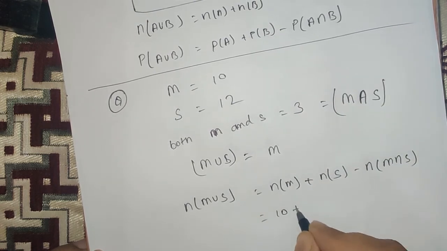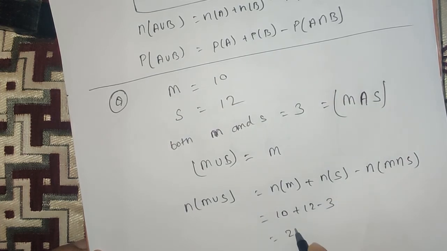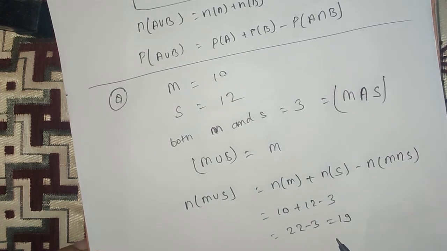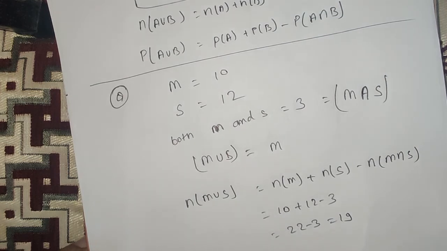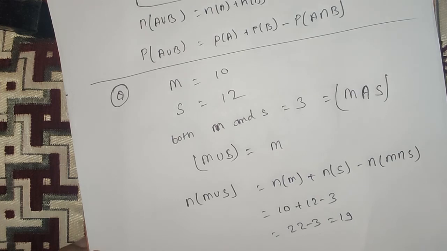So 10 plus 12 minus 3, which is 19. So 19 will be the total number of students who study at least math or science. This is the simple question.